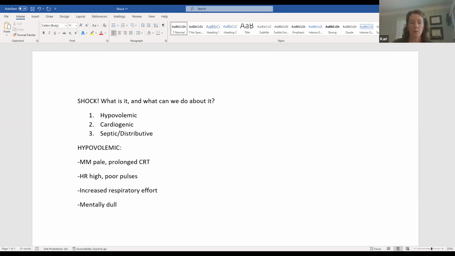And just to go back here for a second, keep in mind that hypovolemia and dehydration are not the same thing, right? So a dehydrated patient is a patient who has decreased interstitial volume, which means that their fluid volume in their tissues is low. A hypovolemic patient is a patient who has low intravascular volume.